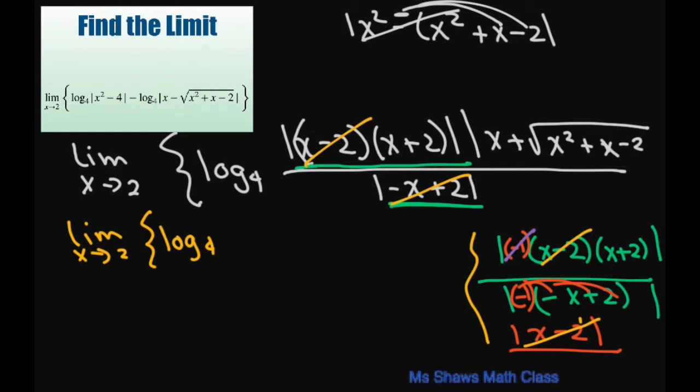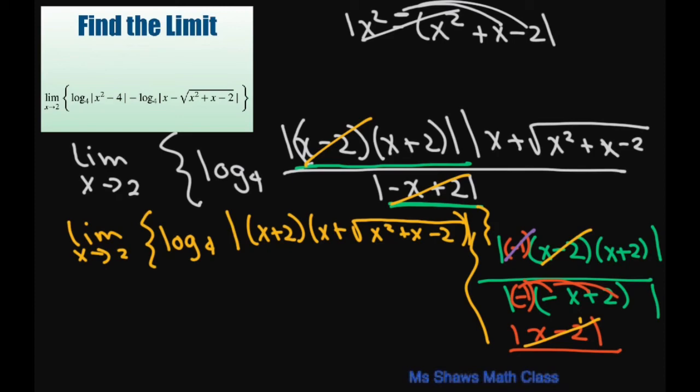I can put it all together as absolute value of x plus 2 times x plus square root of x squared plus x minus 2, and put little parentheses there and finish that up. All right. I think at this point, we're good to go. Let's go ahead and take our limit.